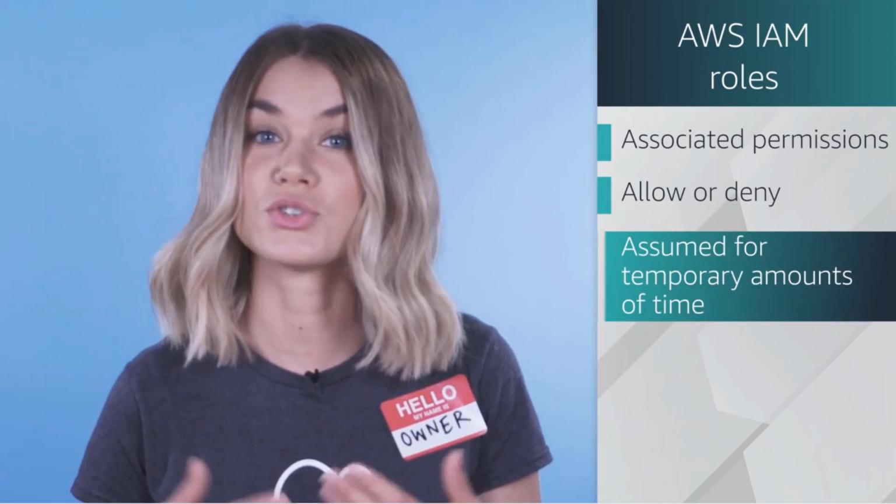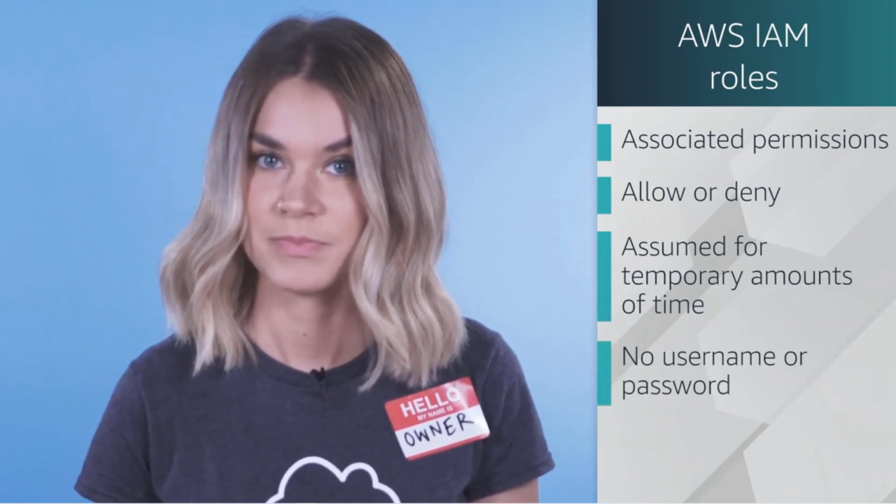The same type of idea exists in AWS. You can create identities in AWS that are called roles. Roles have associated permissions that allow or deny specific actions, and these roles can be assumed for temporary amounts of time. It is similar to a user, but has no username and password.